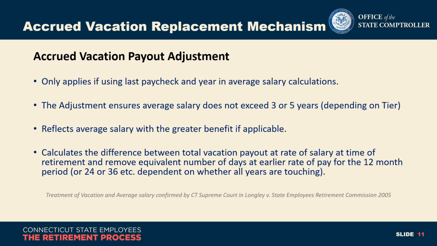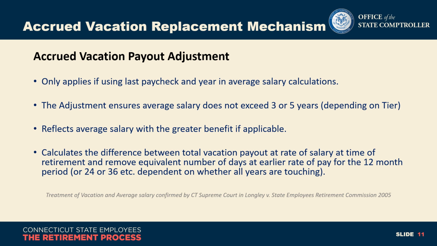In summary, the vacation payout adjustment only applies if a member's last paycheck is in the average salary calculation. The adjustment is designed to resolve any conflict between using no more than 3 or 5 years for average salary and using earnings that also represent service credit.